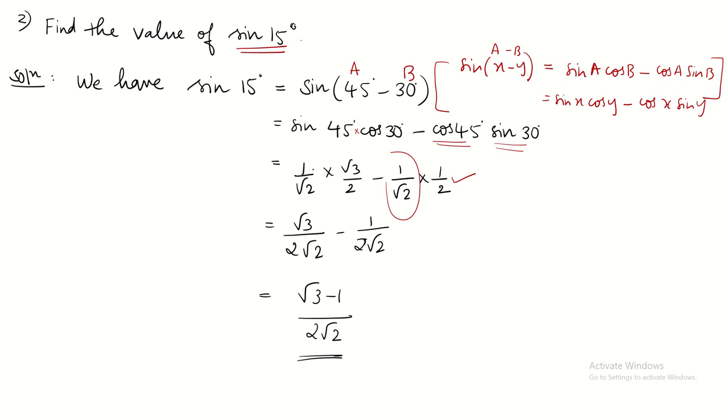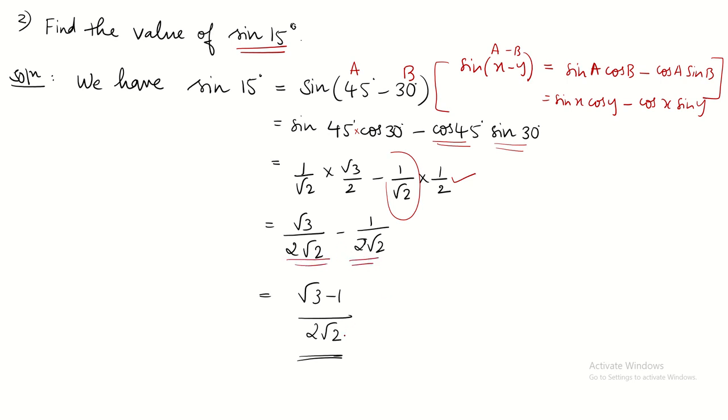So here 1 into root 3 divided by root 2 into 2, that is 2 root 2. Multiplication is direct, so I have directly multiplied. Minus 1 into 1 divided by 2 root 2. Now you have the same denominator 2 root 2.